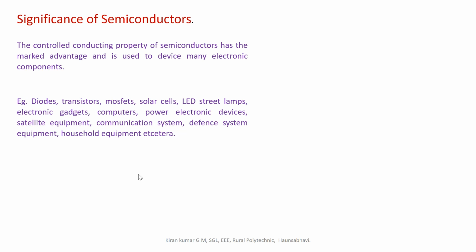Initially, these transistors were discharge tubes the size of many feet. Nowadays, with the invention of semiconductor devices, the size of transistors has come down to less than a fingertip. Later in our sessions, we will come across all these devices. Even the MOSFET is a variety of transistor that is still more advanced.